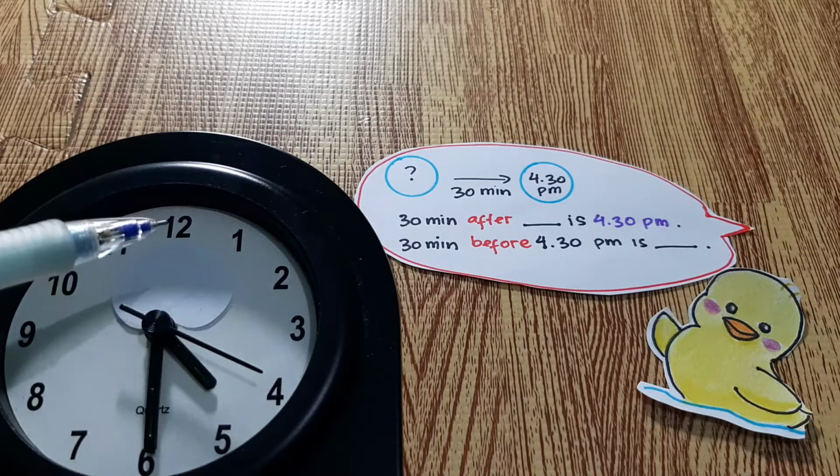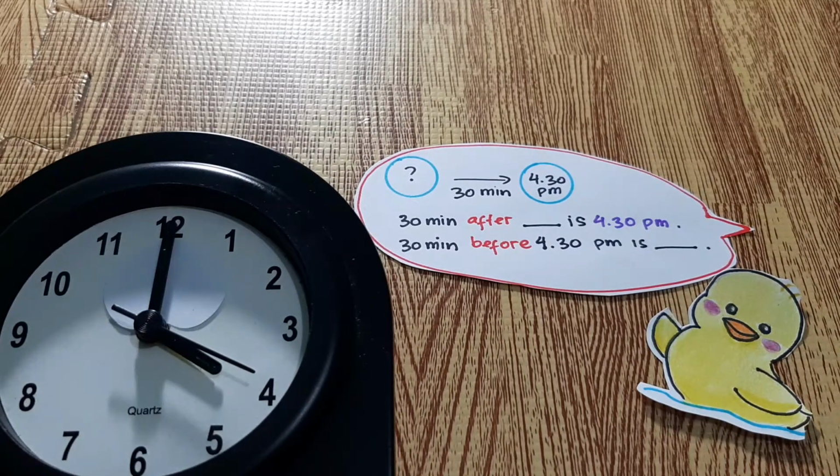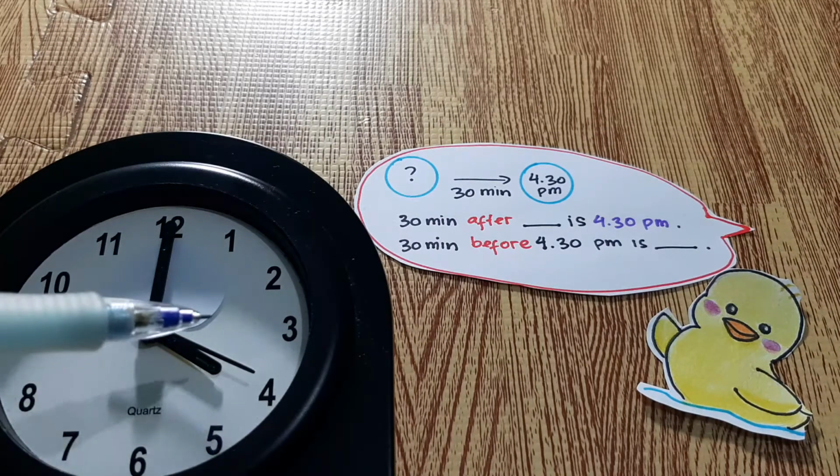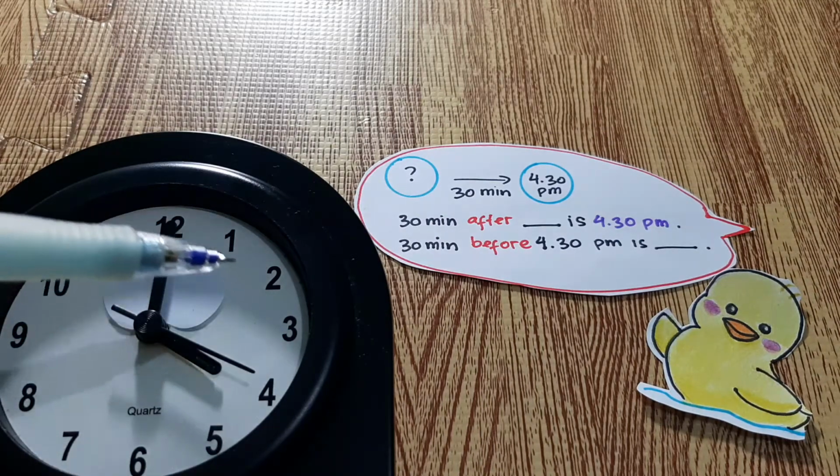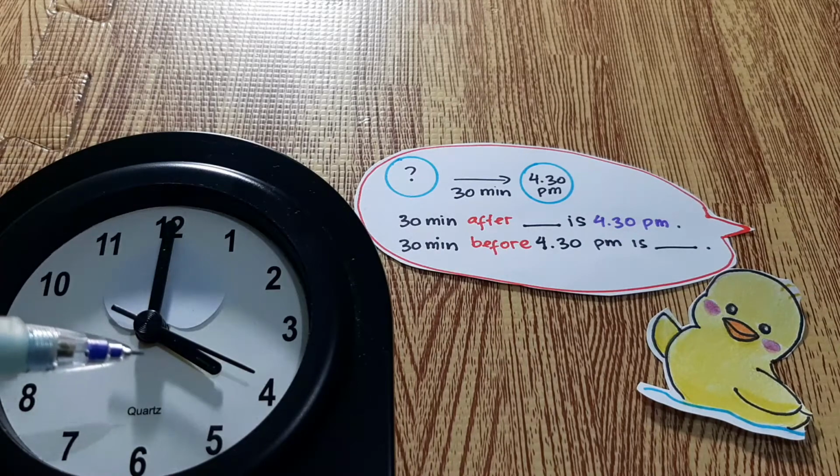It's 4 o'clock. I'm going to move the minute hand like this. 4 o'clock. So previously, the minute hand is over here. We have to move backward 30 minutes. 5, 10, 15, 20, 25, 30. So the time is 4 o'clock or 4 p.m.